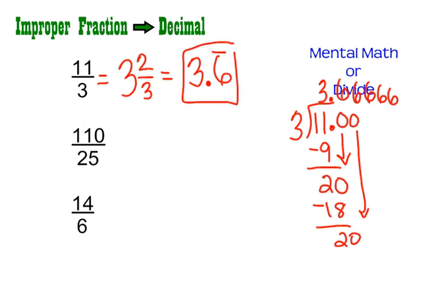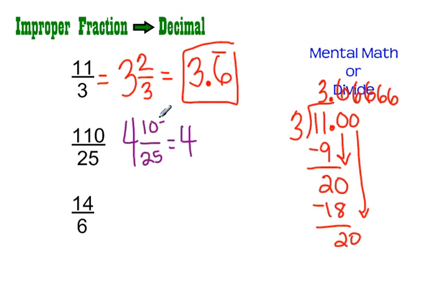Let's go ahead and look at this next problem. 25 goes into 110 4 times. 25 times 4 is 100. But I was trying to get to 110, which means that I've got 10 pieces left over. Well, this fraction can be reduced by 5.